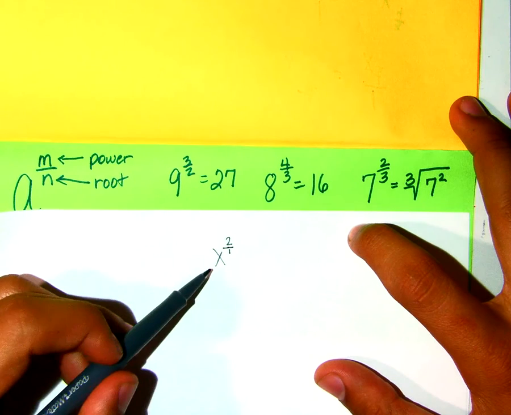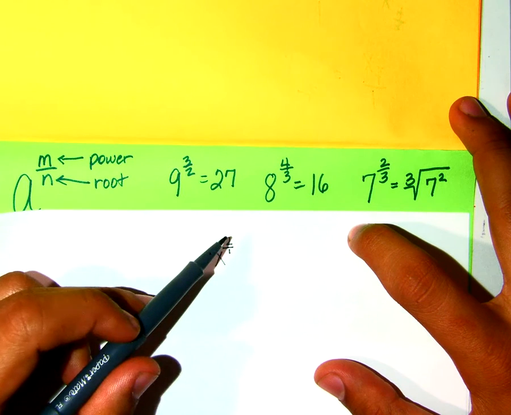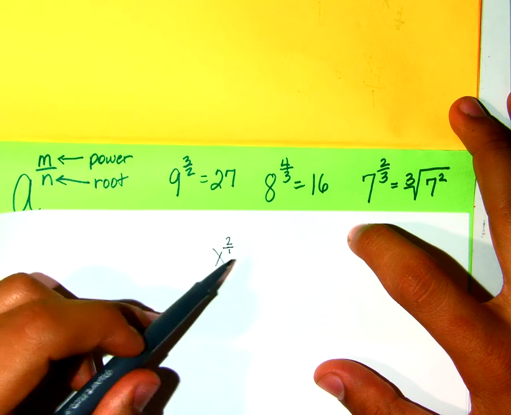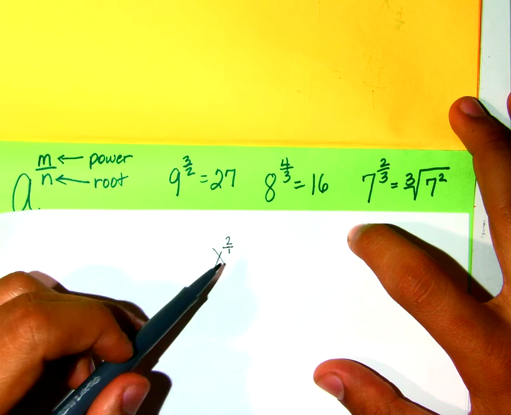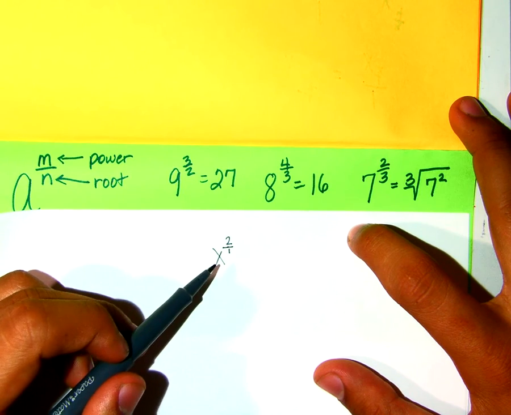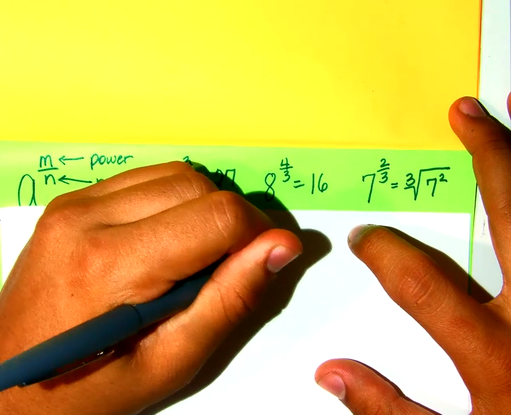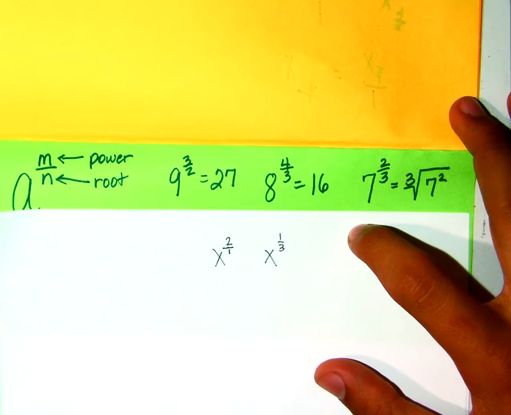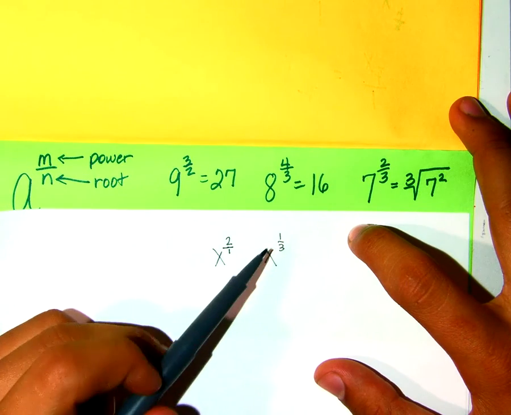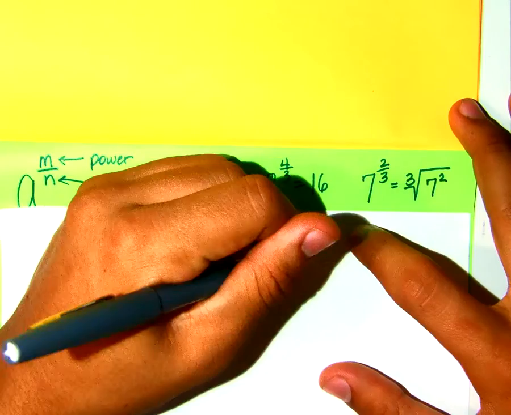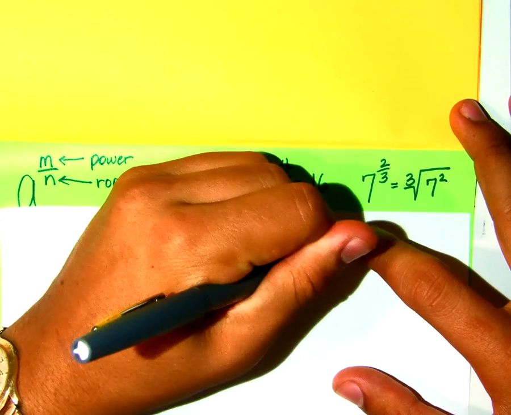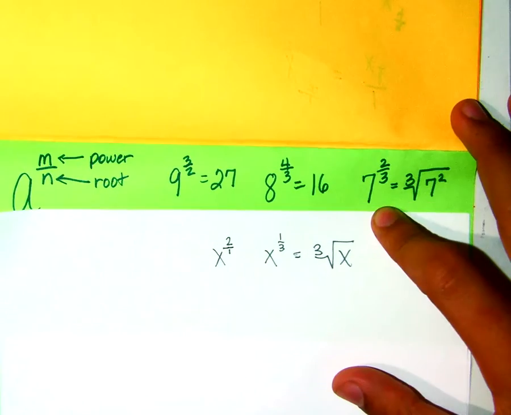So really, this is x squared, and the root is 1, but that doesn't change anything. So here, if we had x to the 1/3, we're not taking it to a power or anything. X to the 1/3 is the same as the cubed root of x.